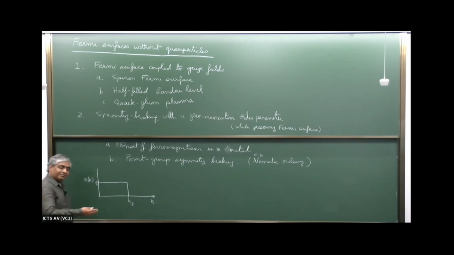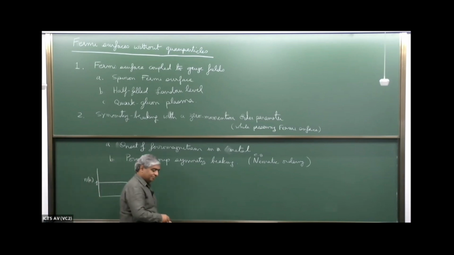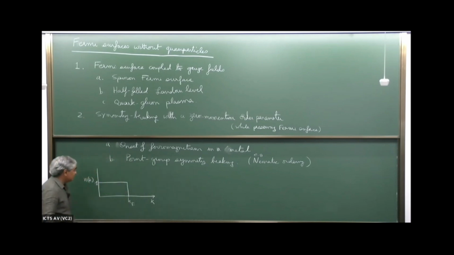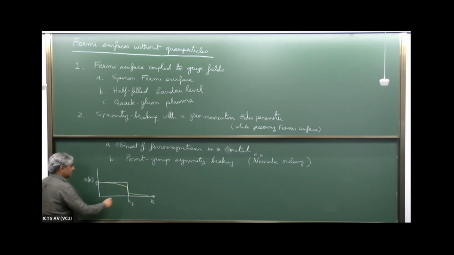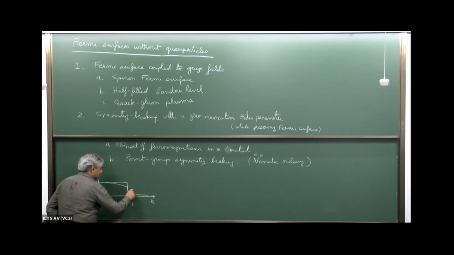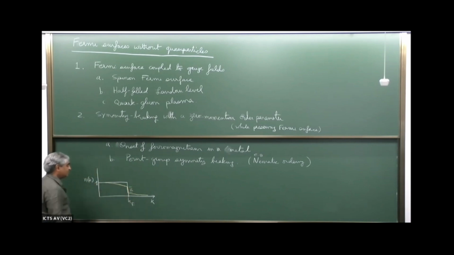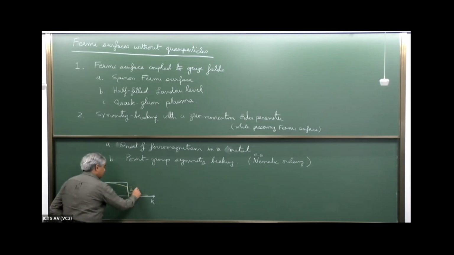Then we put in interactions between the fermions, as we did in Fermi liquid theory. And then we found that what happened was you still had a Fermi surface with well-defined quasiparticles, but the only thing that happened to the momentum distribution function was that this discontinuity, which is related to the Z factor, was not 1.